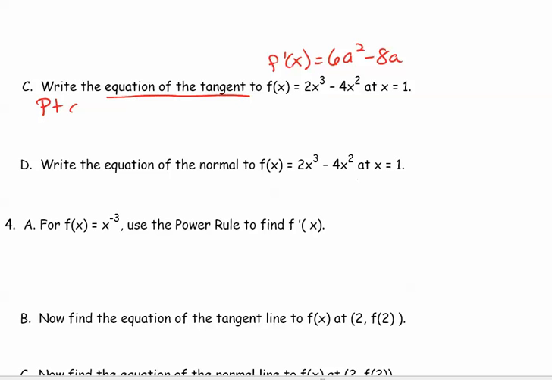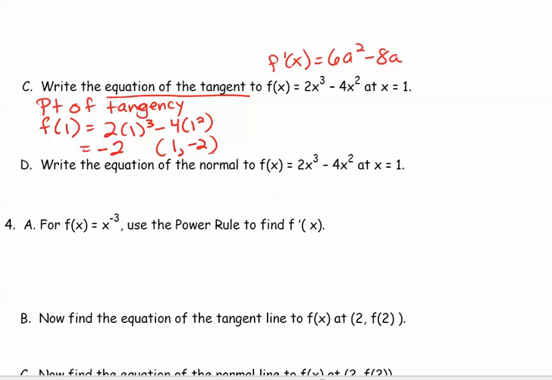So we need two things. Our point of tangency. So we need to find out what is f of 1. So using our original function, make sure you don't mix up the two functions. Using our original function, here we get 2 minus 4. So our point of tangency is at 1, negative 2.